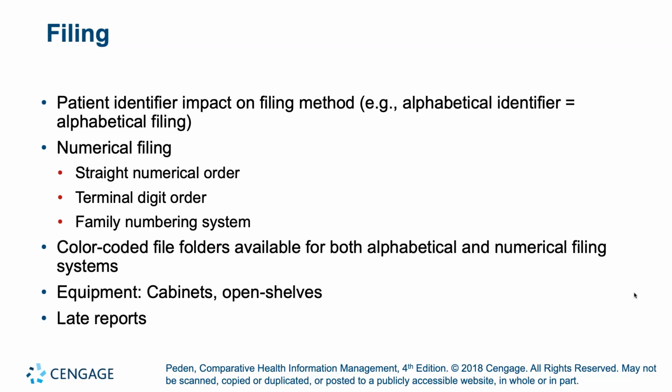And if you have a question, let me know, and I'll go through them in detail. I have spent hours of my life doing terminal digit filing. I have also done a little bit of straight numerical order, but most of the organizations, the healthcare organizations I worked for, when they had paper records back in the day, it was terminal digit. Last 2, middle 2, first 2. There are some people use color-coded file folders.